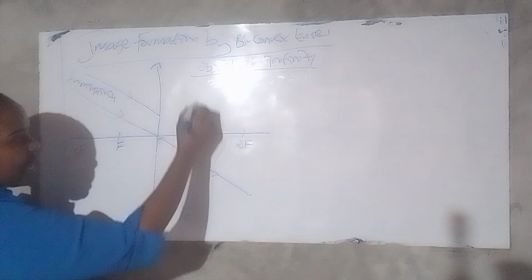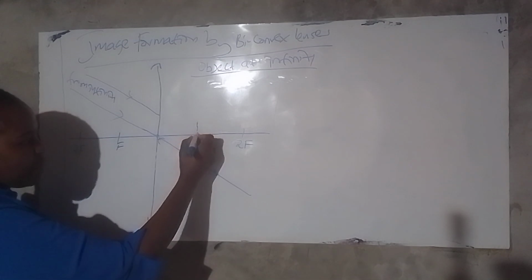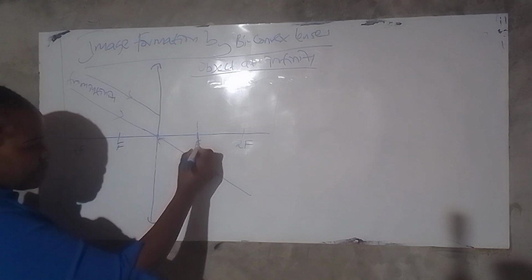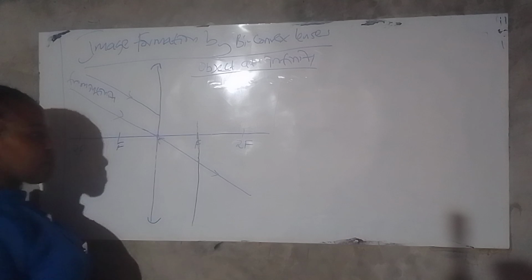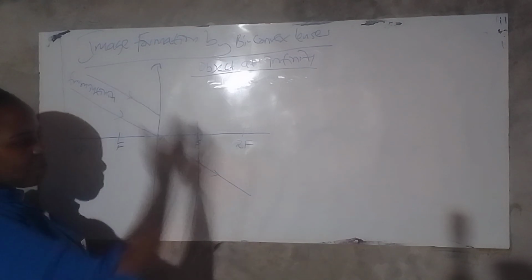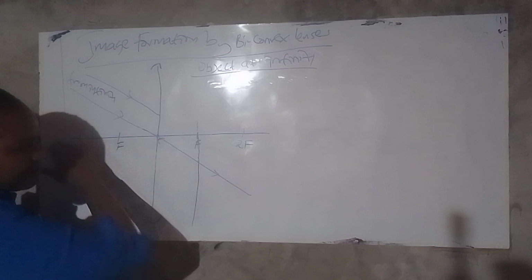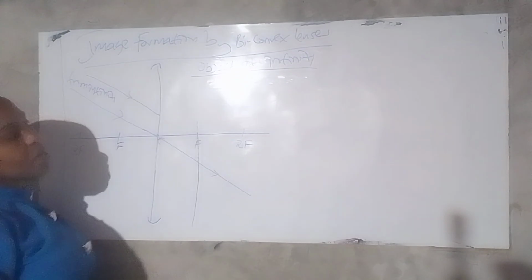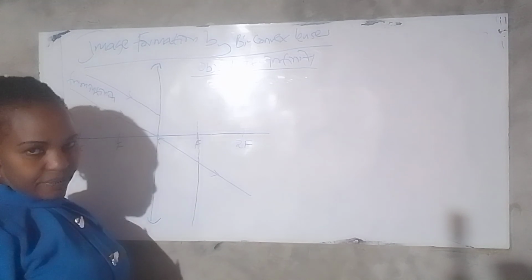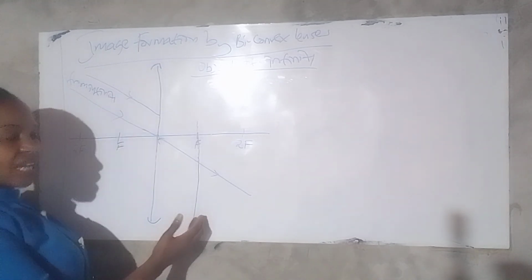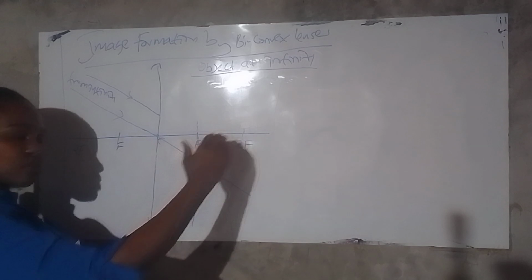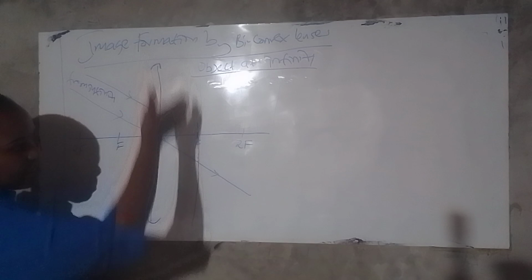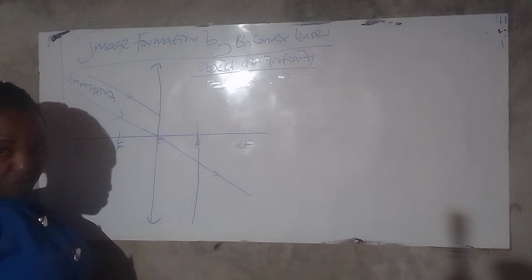Now there's a line we called the focal plane, and we said it is a vertical line that is perpendicular to the principal axis, so it's making an angle of 90 degrees to the principal axis, and it is passing through the principal focus.